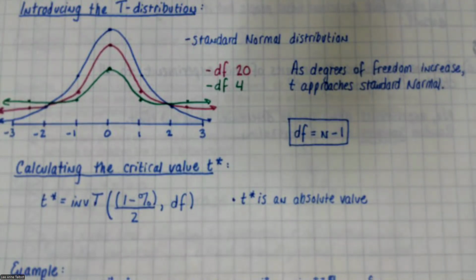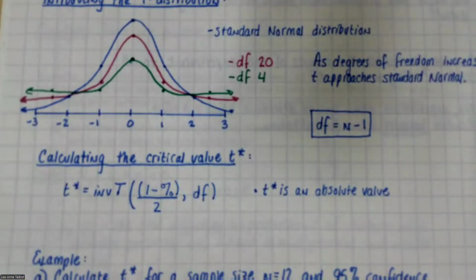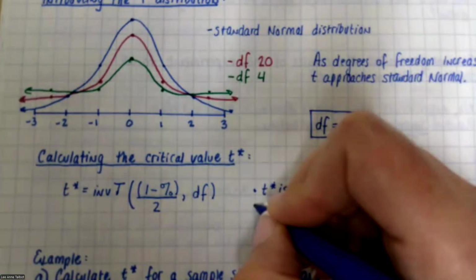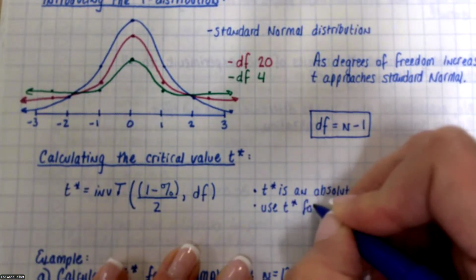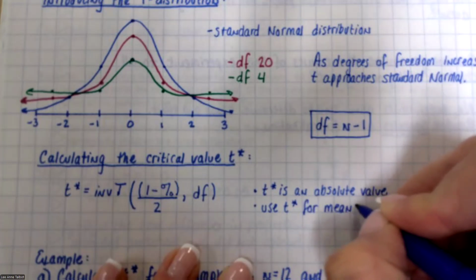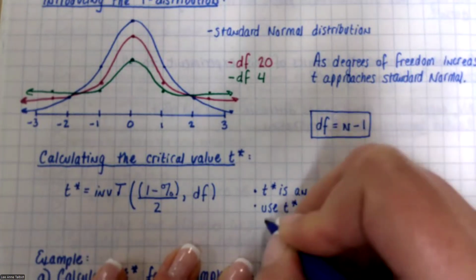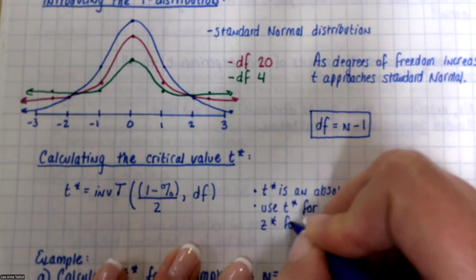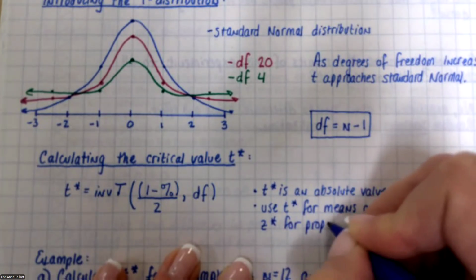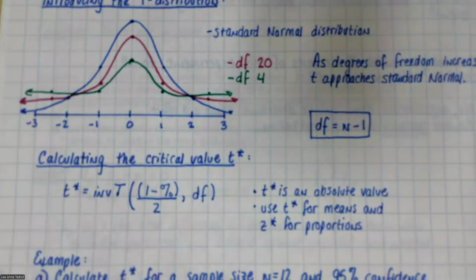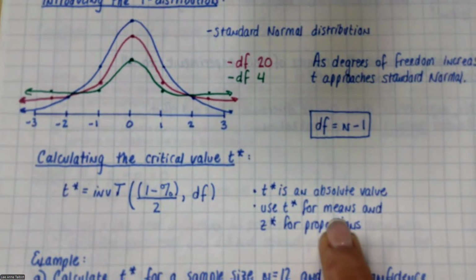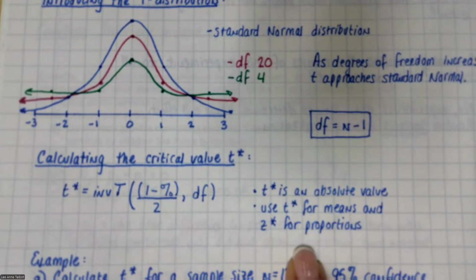Even if you get a negative number, you just ignore it, make it positive. And we use T star for means, which is chapter 10, and Z star for proportions, which was chapter 8.